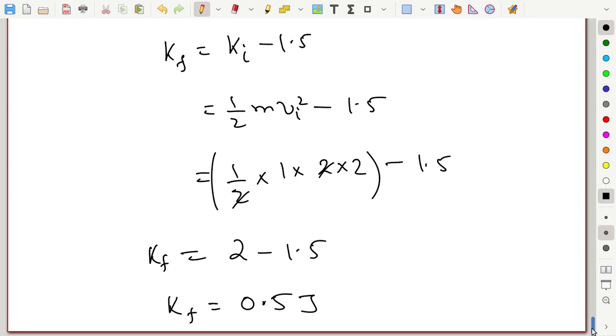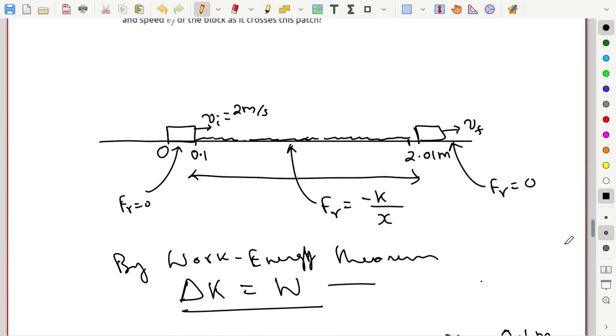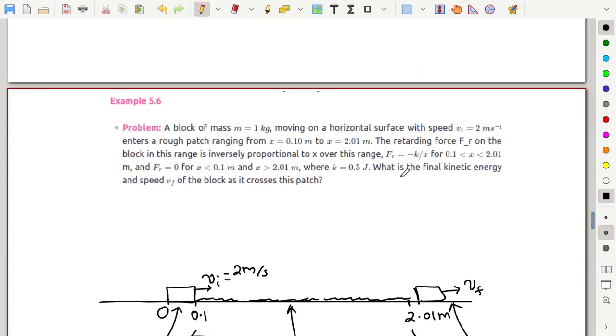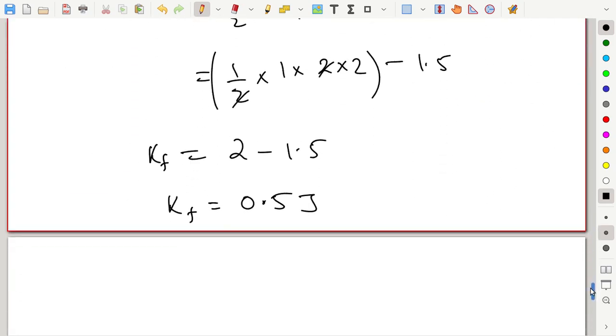Okay, so from this we can find the final velocity. They are asking to find the final velocity when it exits the rough patch. What is the final kinetic energy and speed of the block as it crosses that rough patch? We have calculated the kinetic energy when it exits the rough patch.